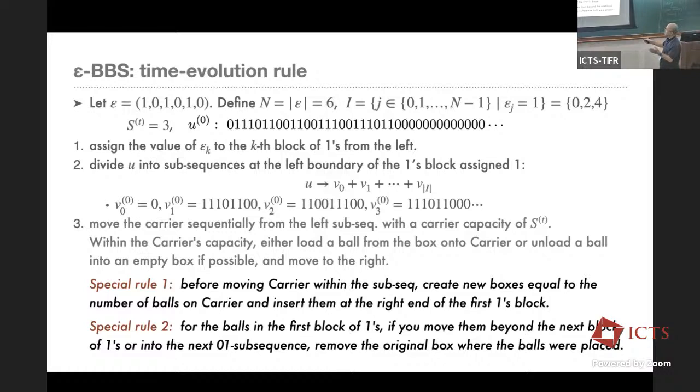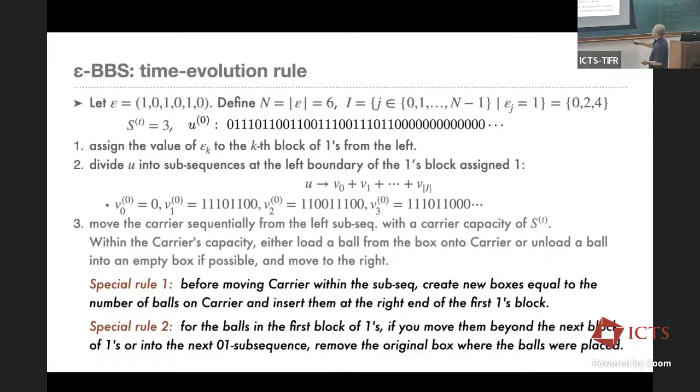Then to each block we assign the value of epsilon k. So this block is assigned 1: 1, 0, 1, 0, 1, 0. Then we divide it into subsequences at the left boundary of the blocks of ones. Here we have a boundary here, here and here.